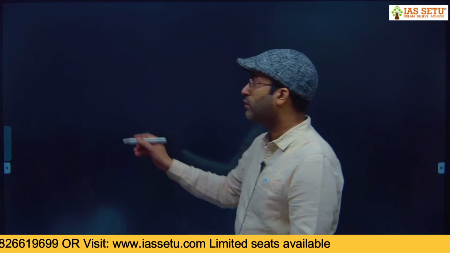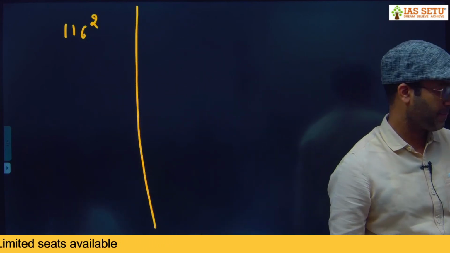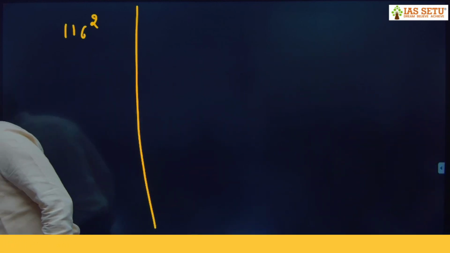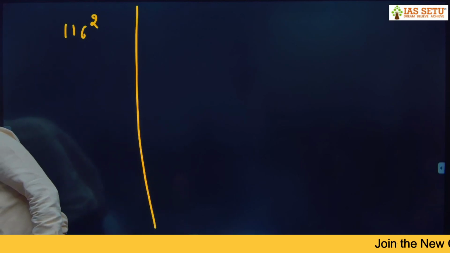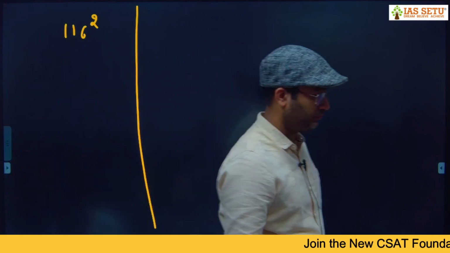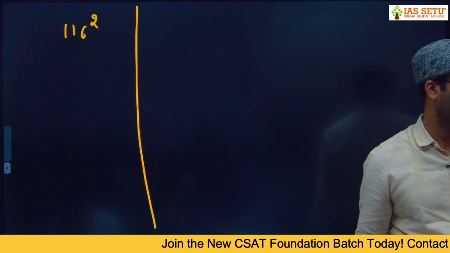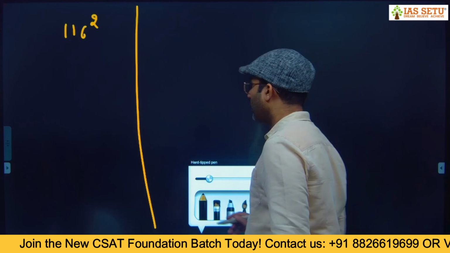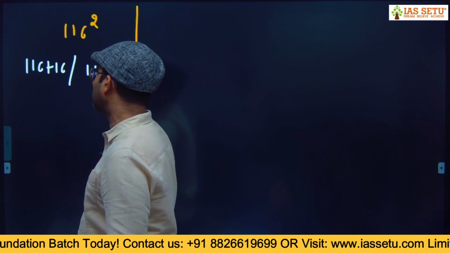Now you try, what is 116 square? Done. Here it is 116 plus 16, right side is 16 square.